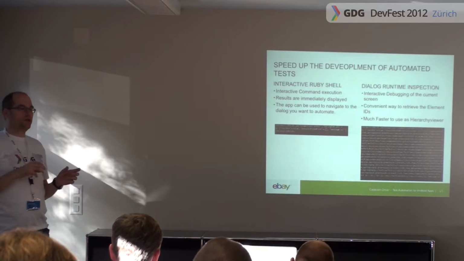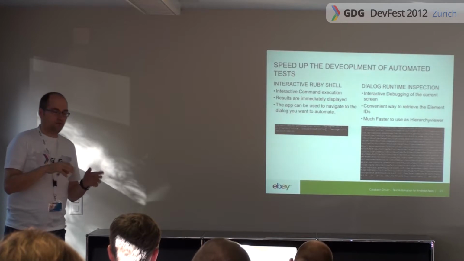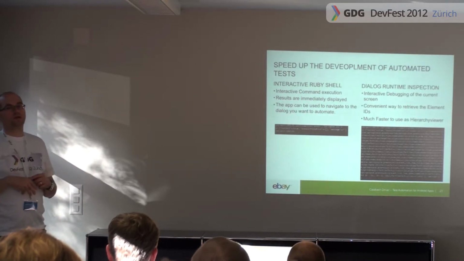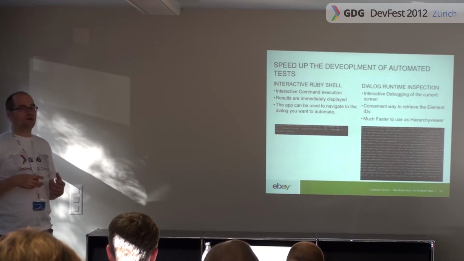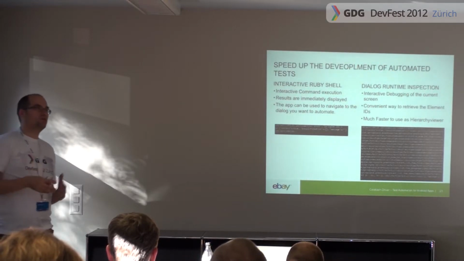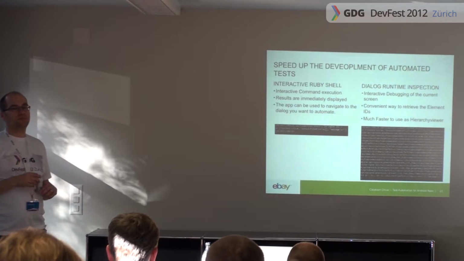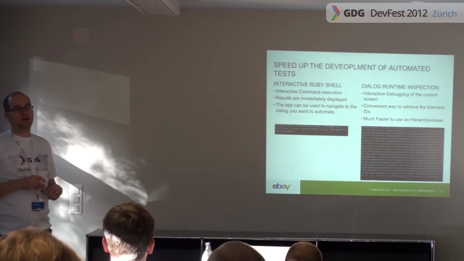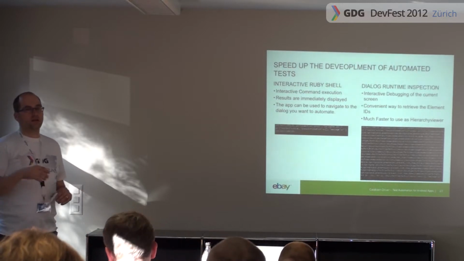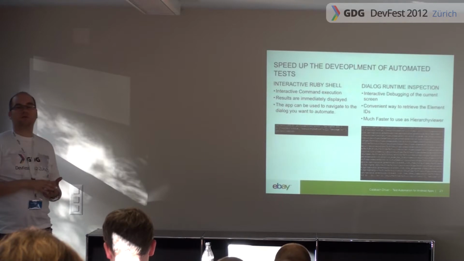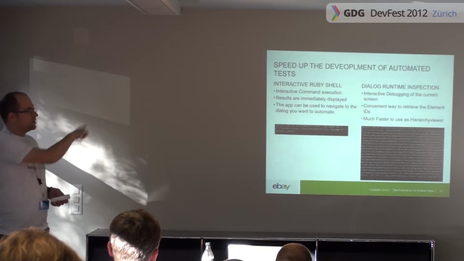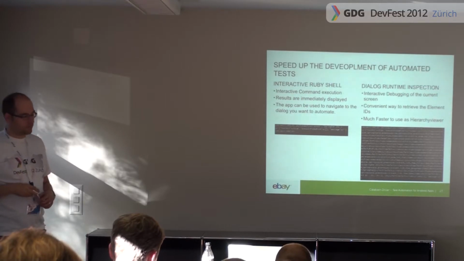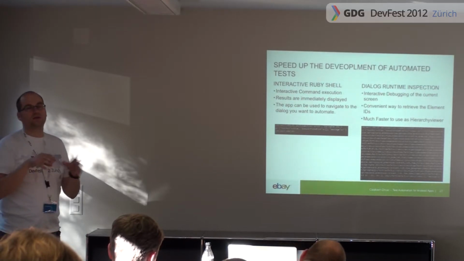For example, you can say press button A, and then you can see dynamically if it's working, and if it's not working you can try other commands. This is really helpful if you have a long flow that runs for, for example, 4 or 5 minutes, and on the last step something always breaks. Then you can just open the app with this mechanism, navigate to the right dialog, and try things out.